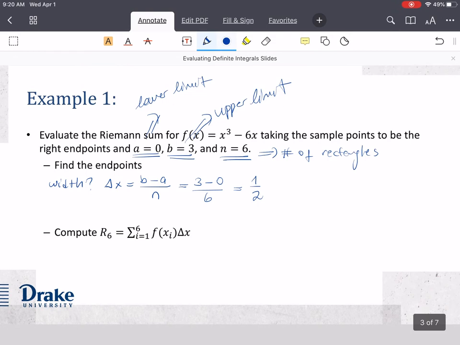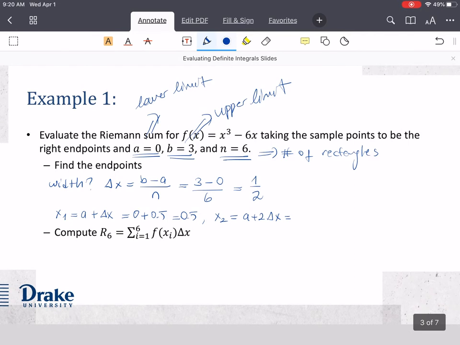Okay, so based on this, then we can find the inputs or x's. So if we let x1 be basically a, which is 0, plus delta x. I'm going to write it as a plus delta x. So in this case, a is 0, delta x is 1/2, so it's 0.5. Then we can do x2. To find x2, we're going to say a plus 2 delta x.